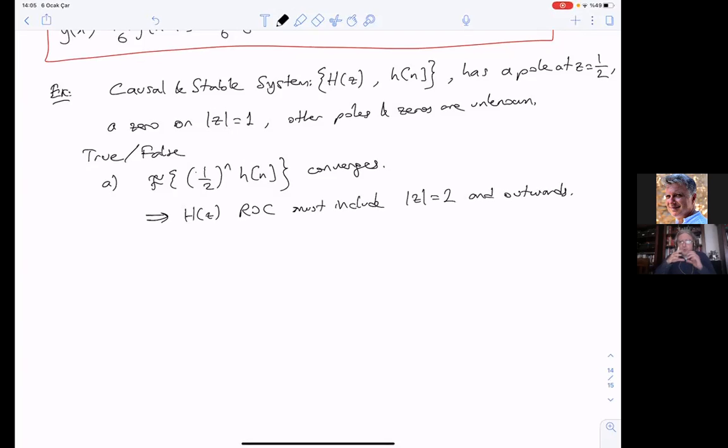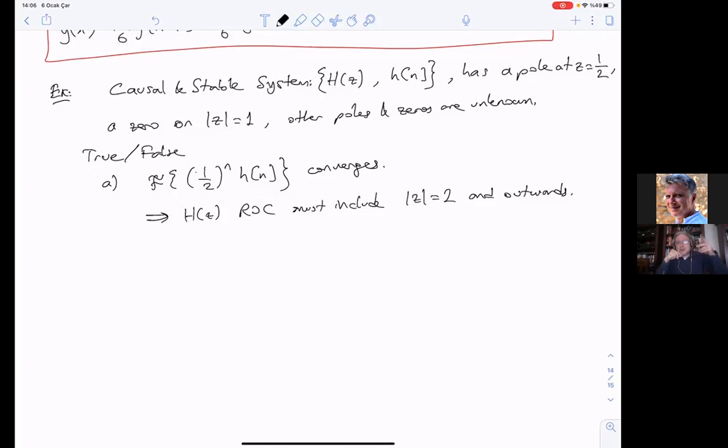Because if z equal to 2 is included in the region of convergence, then by multiplying with (1/2)^n, and we know that h of n is a right-sided signal, therefore (1/2)^n times h of n will make a decaying exponential. It's a nice thing, but still the region of convergence must include the circle with radius 2 and outwards.